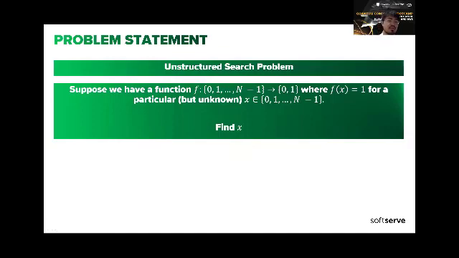Now, instead of the intuition that we had, I can translate it into this problem. Suppose that we have a certain function f, with the specification that for a particular x, f(x) will be 1, but we don't know what that x is.